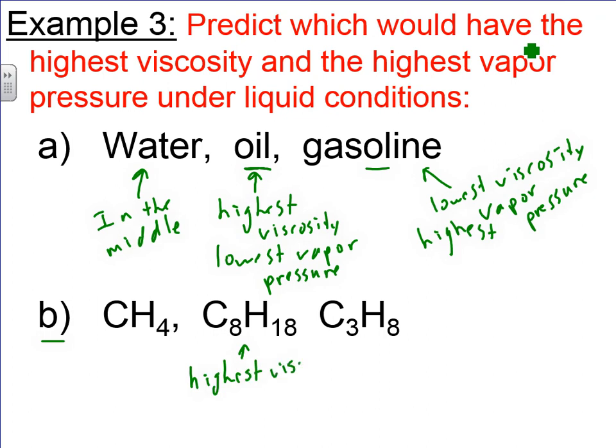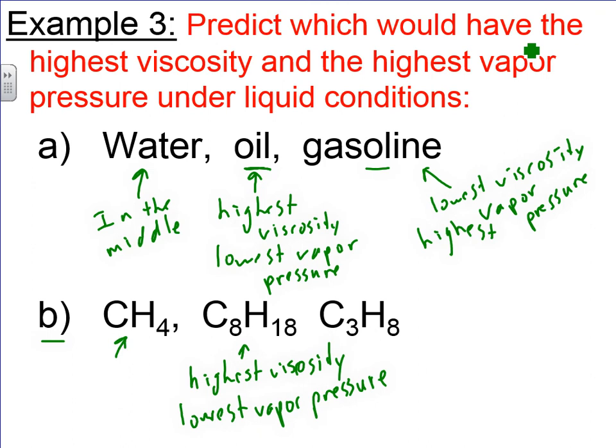Lowest vapor pressure. And then conversely, this one will have the lowest viscosity, highest vapor pressure, because it has weaker dispersion forces.